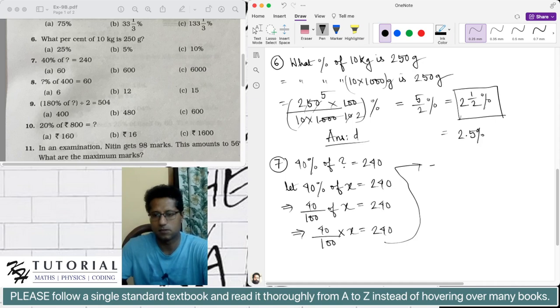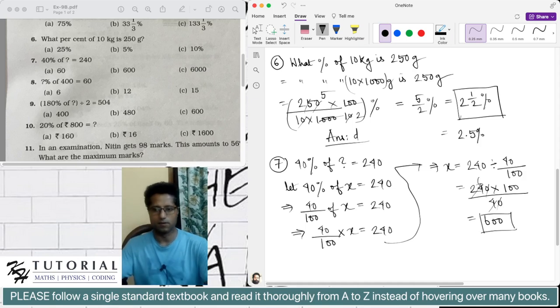So x will be equal to 240 divided by 40 by 100. This is equal to 240 multiplied by 100 by 40. The zeros cancel, and 4 sixes are 24. This is equal to 600.